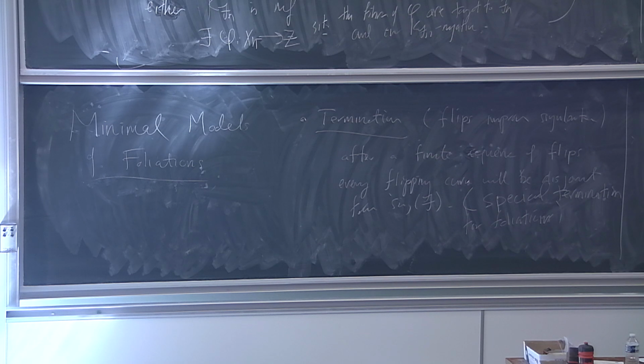I'll call our flipping curve C. So if it's disjoint from Sing F, then in fact K_X dotted with C is negative. So what's going to happen is we're going to do a big line of foliation flips, and then at some point, our foliation flip is also a K_X flip.